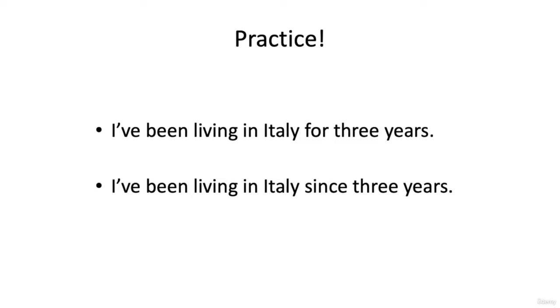I've been living in Italy for 3 years. I've been living in Italy since 3 years. The correct sentence is the first one. We use the preposition for to indicate a period of time, 3 years.